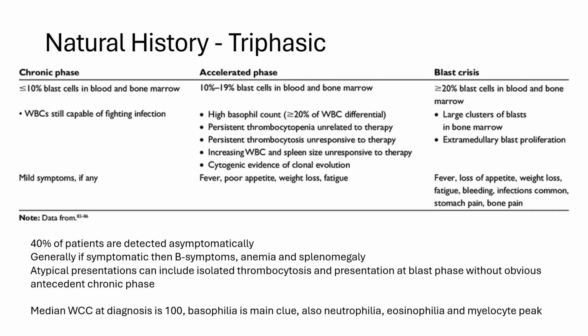They don't have any symptoms. If they do have symptoms, they'll be B symptoms, anemia, and splenomegaly. But sometimes you can just get isolated thrombocytosis, or presentation at blast phase without any previous chronic phase.